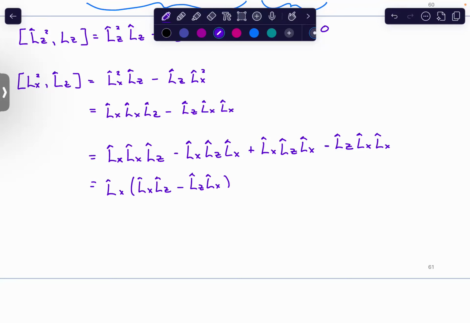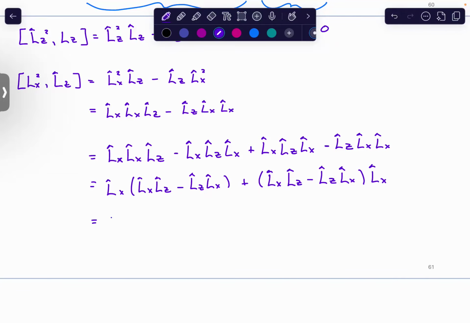And then the second one, I'm going to take that Lx off the back and pull it out. Great.